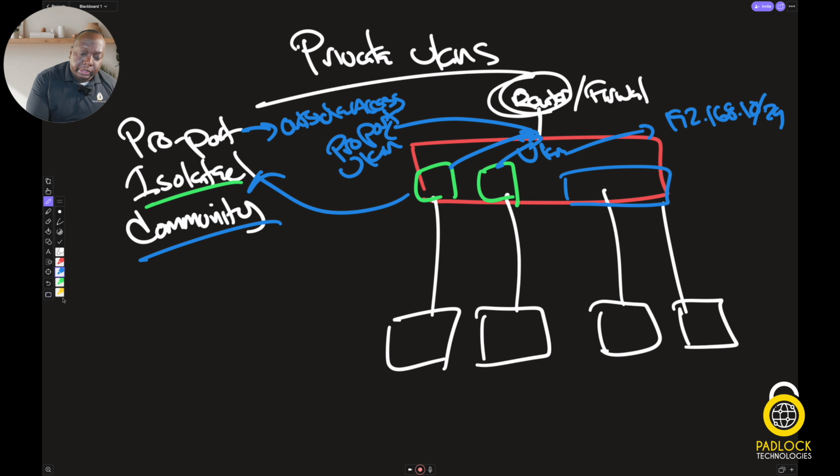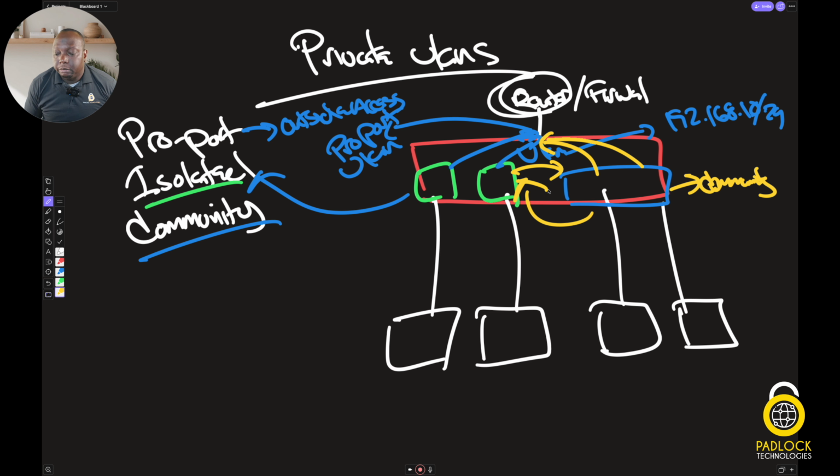The community VLAN says you can talk to the promiscuous port or promiscuous VLAN and anybody in the same community VLAN, right? So they can talk to each other, but they cannot talk to anything that's in the isolated world. And the isolated world can't talk to anything in the community VLAN. Now, that's the whole purpose of private VLANs.